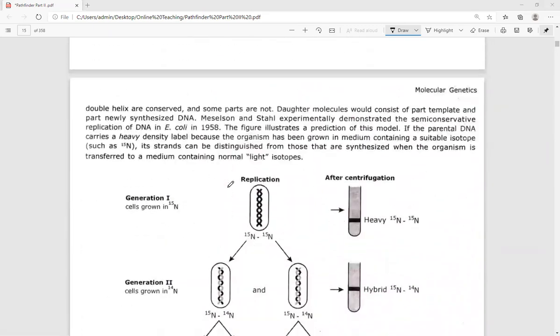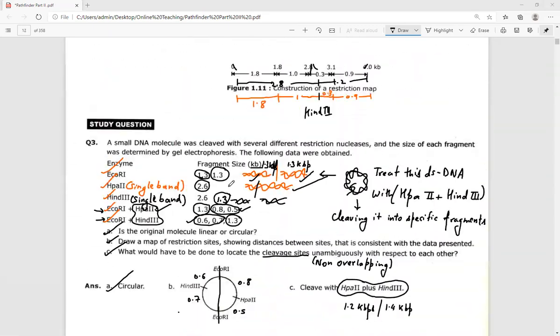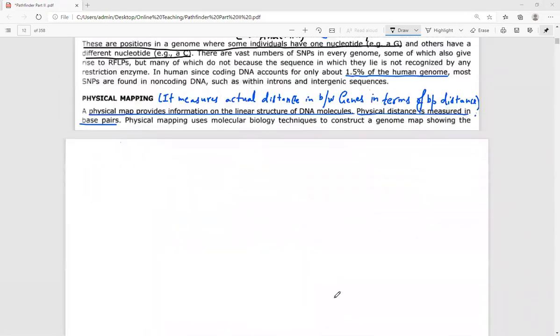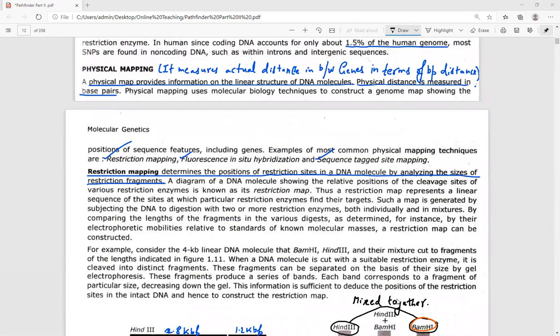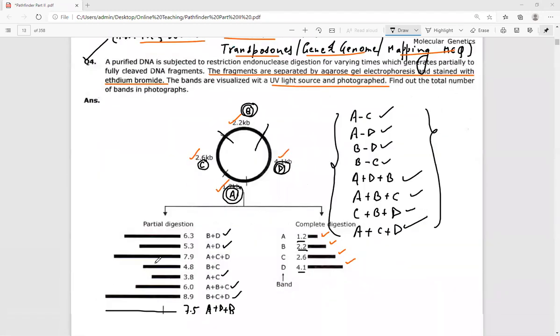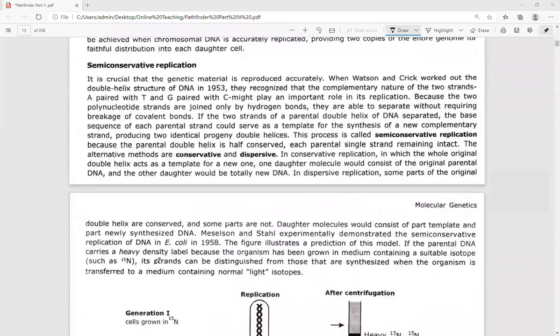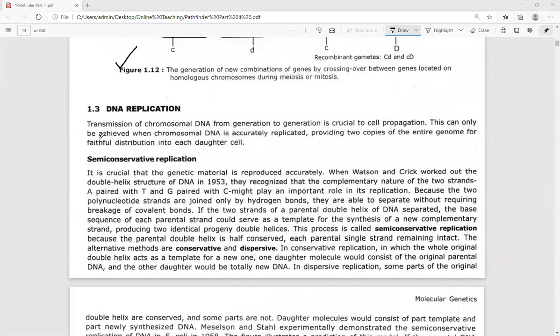I knew that this topic was not so interesting, that is why you might have faced some problems. If you still face some problem, you just ask me. So I'm going to end here, and we will start DNA replication tomorrow with certain questions. I would be sending you some questions about this particular process.